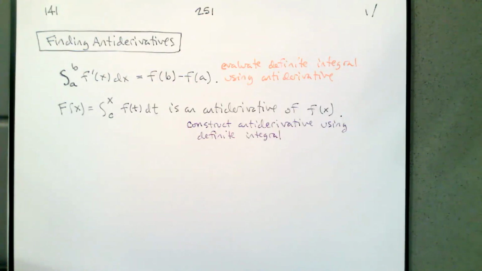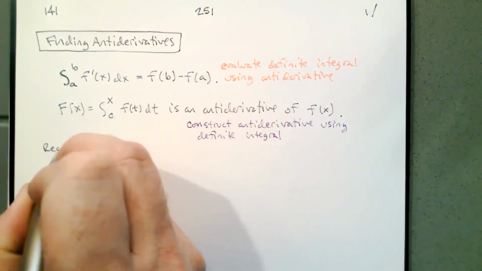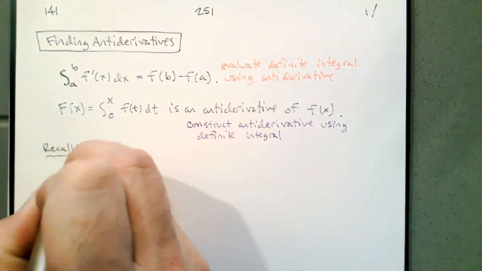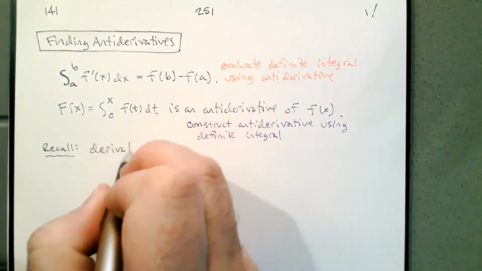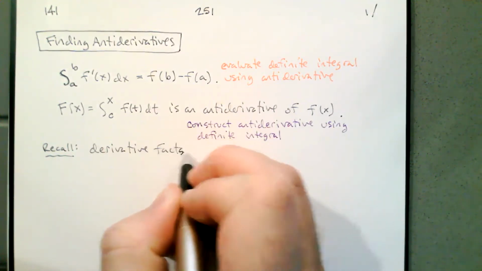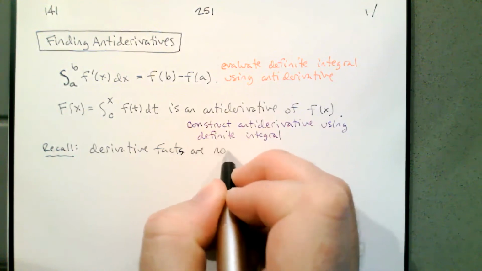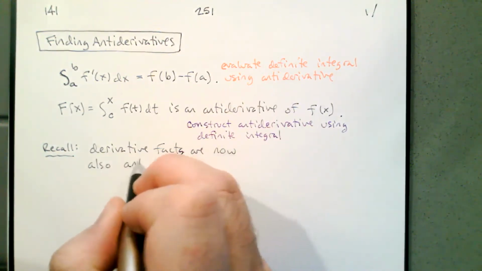So let's find some antiderivatives. Remember that all of our information about derivatives is now a piece of information about antiderivatives. So recall last week, derivative facts are now also antiderivative facts.